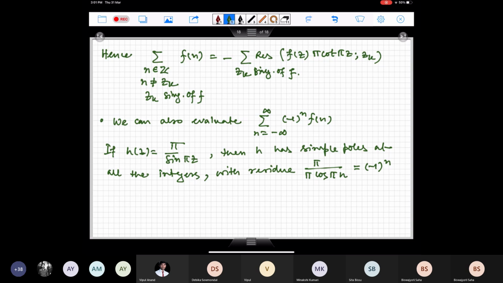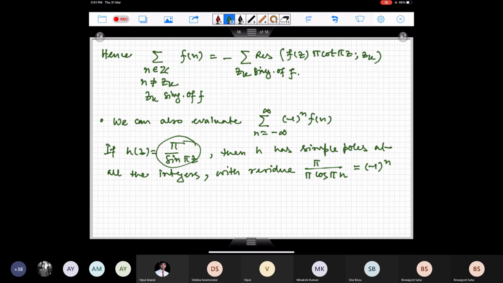Now you need to notice one thing. Cosine and cotangent are related, right? So once I know that cotangent is bounded, I will also know that cosecant is bounded. The function that I have is pi cosec pi z. What's the formula?